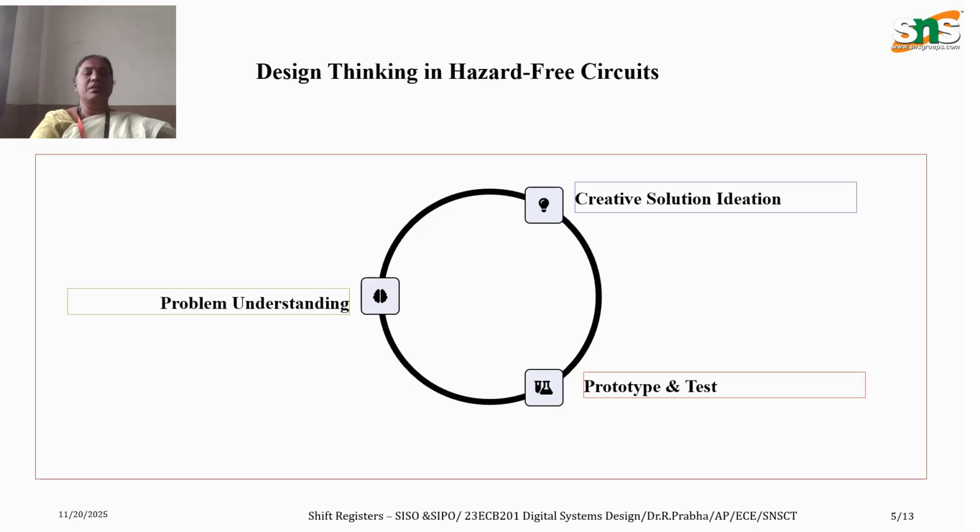In the hazard circuits, we must understand what type of hazards there are, and after finding the hazard problem, we have to find a creative solution. For the creative solution we use logic simplification by the K-map method. After that we have to prototype, that is the circuit implementation, and next we have to test whether the hazard is eliminated and the circuit is a hazard-free circuit.